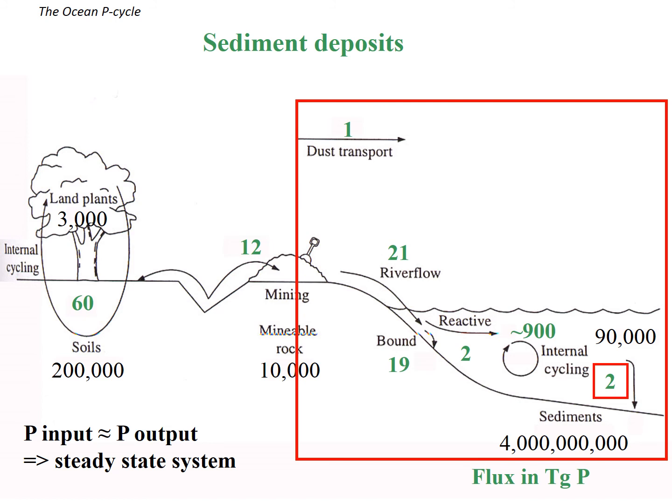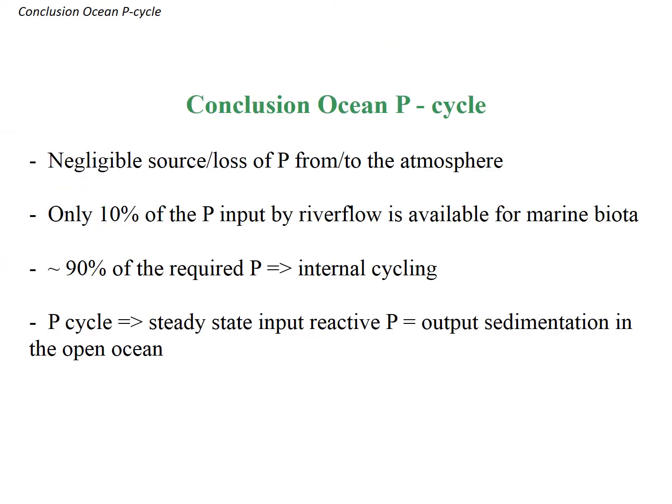So over time, this flux may increase, but over the residence time of phosphate in the ocean, it will respond. So to conclude, in the ocean cycle, there's a really small amount of phosphorus from the atmosphere, and a very small amount of the stuff that we put in the ocean actually makes it out of the estuary.